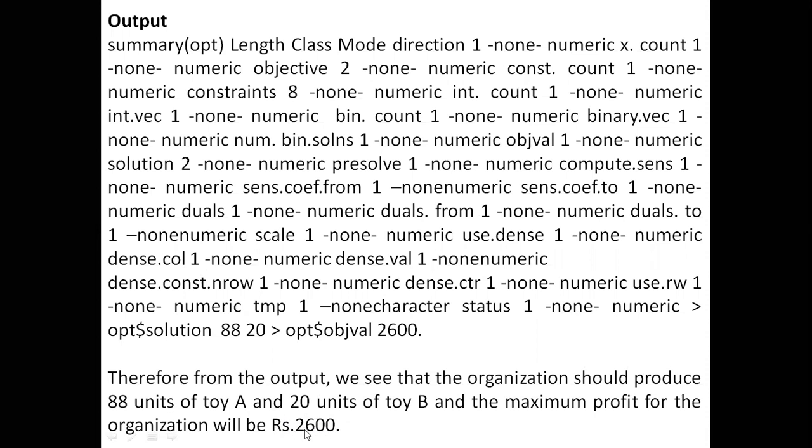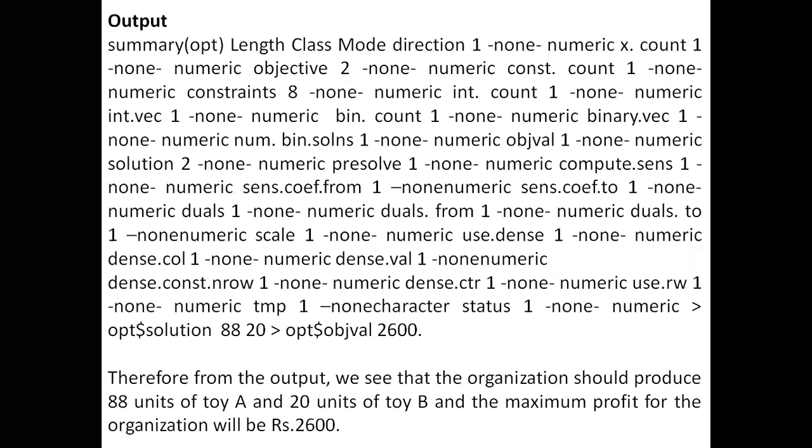So among that 9 hours of time schedule, the manufacturing resource utilization of only 32 leads to producing 88 units of toy A and 20 units of toy B, and getting the maximum profit of 2600 rupees for the organization. So that is the solution generation.